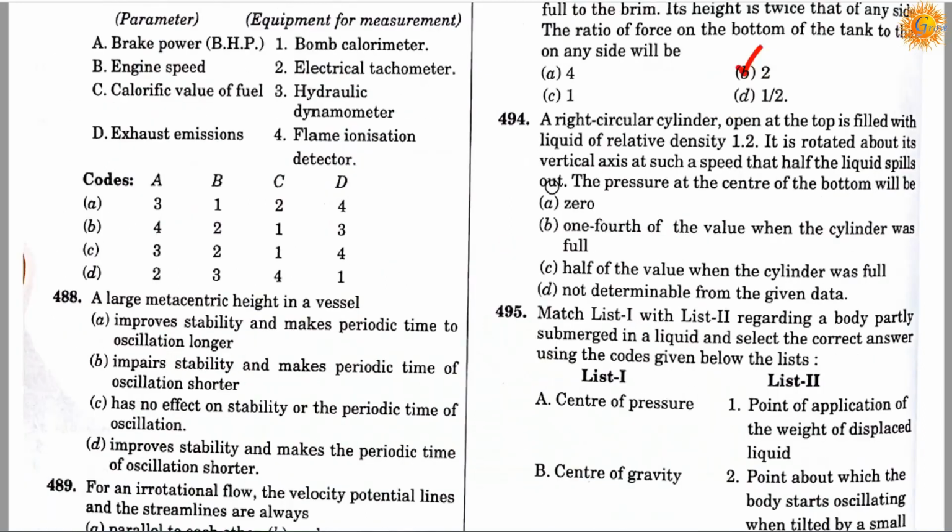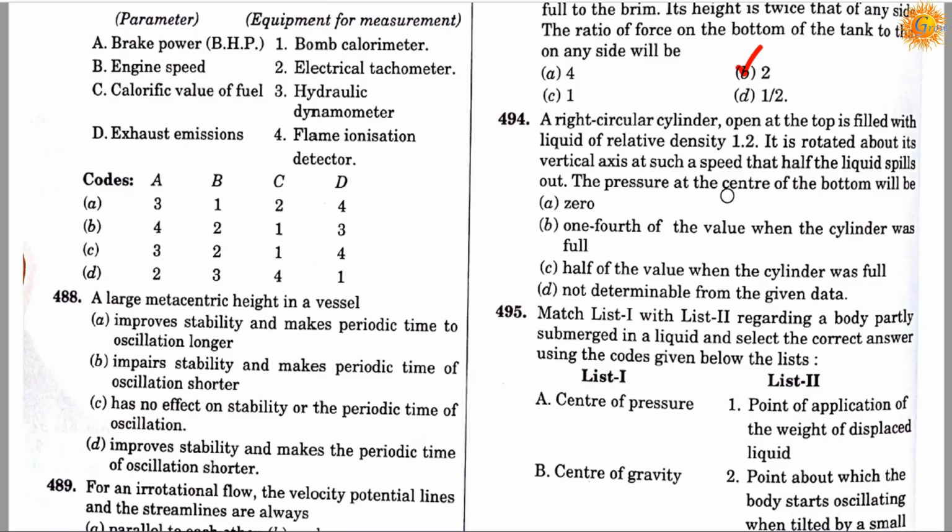Question number 494. A right circular cylinder open at the top is filled with liquid of relative density 1.2. It is rotated about its vertical axis at such a speed that half the liquid spills out.